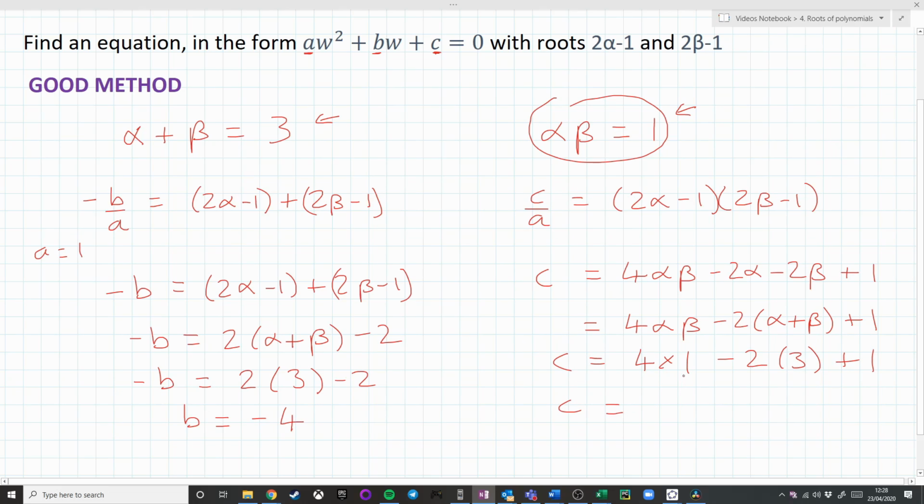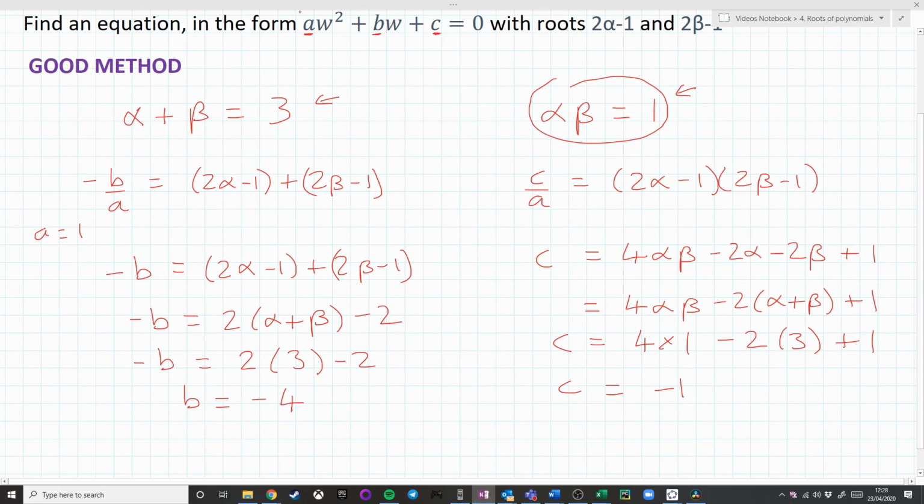So overall, I can say that c is 4 minus 6 plus 1, which is minus 1. And overall, sticking into the original equation that we had up here, with a as 1, I can say that I've got w squared minus 4w minus 1 is equal to 0, as we got before.